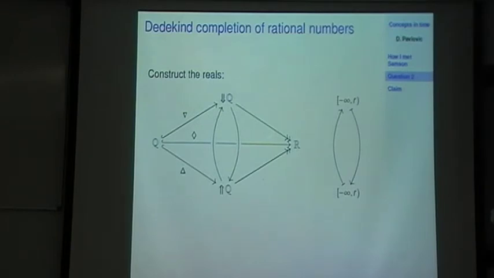So, what was this Dedekind completion of a partial order? Dedekind constructs, as we all remember from maybe high school, real numbers from rational numbers.